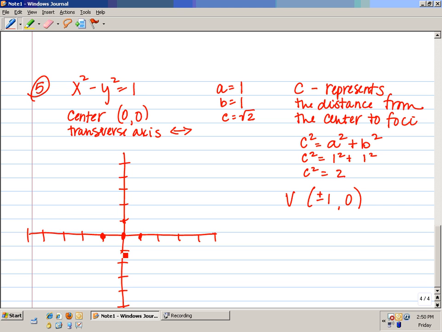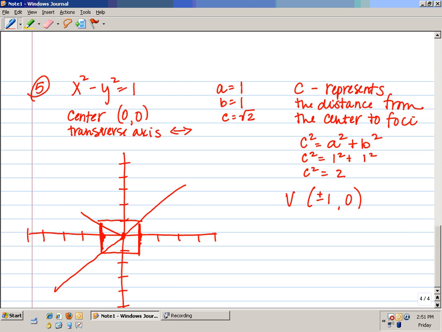And here's the trick. Draw a box. Notice my box extends only to my vertices and then the vertices on my conjugate axis. Now to get the asymptotes, I'm going to go from my center and extend a line out through each corner of my box.